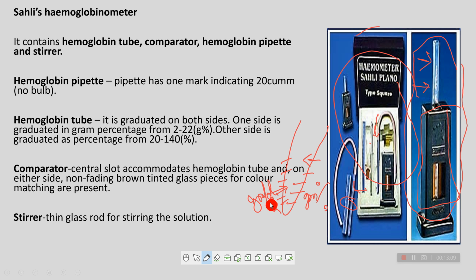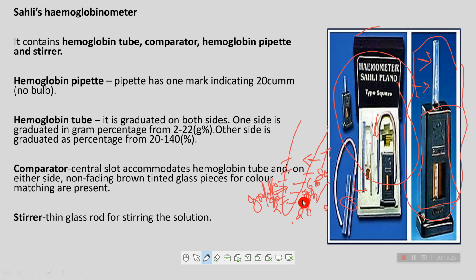Alright, so here it will be marked as 2, 4, 6, 10 and on this side it will be marked as 20, 40, 60, 80 respectively.